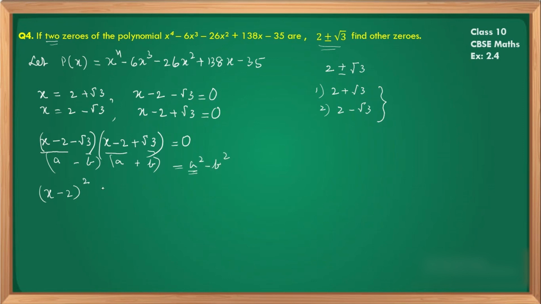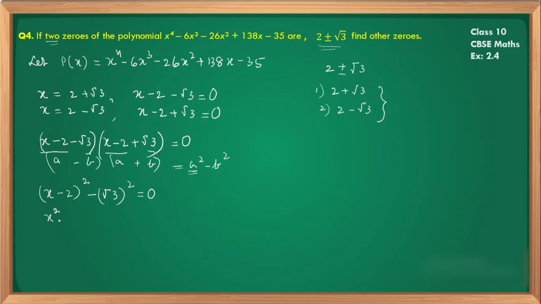Now what is A? x minus 2, and put a square on that. Then put minus here. What is B? Root 3. Root 3 square. And then put this equal to 0. Now simplify. This can be written as A minus B whole square formula.